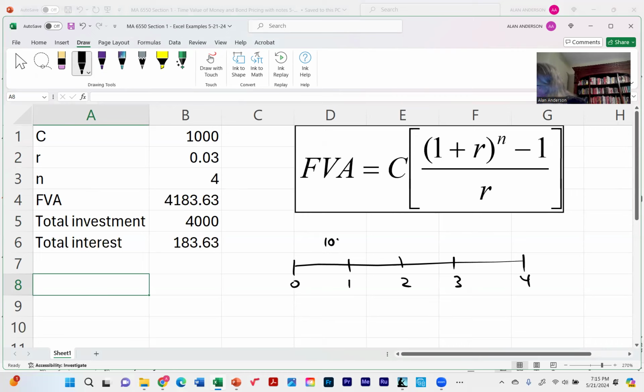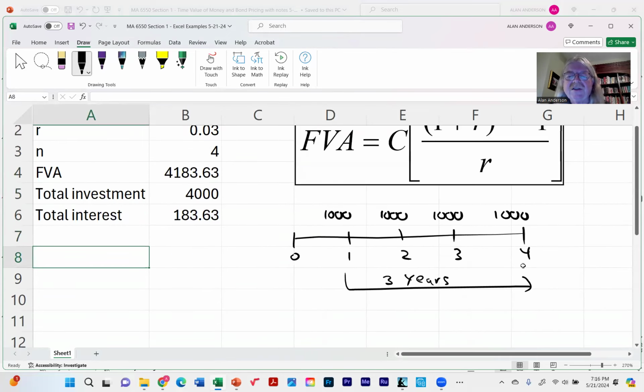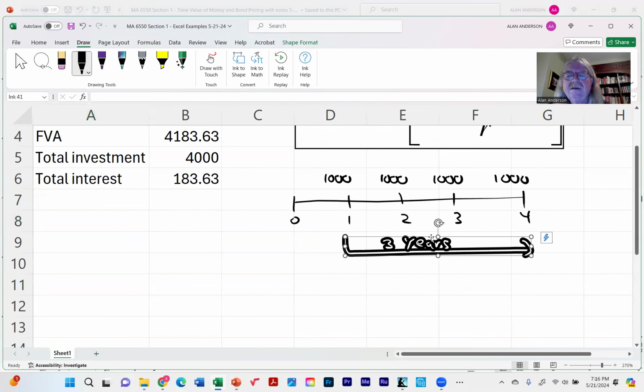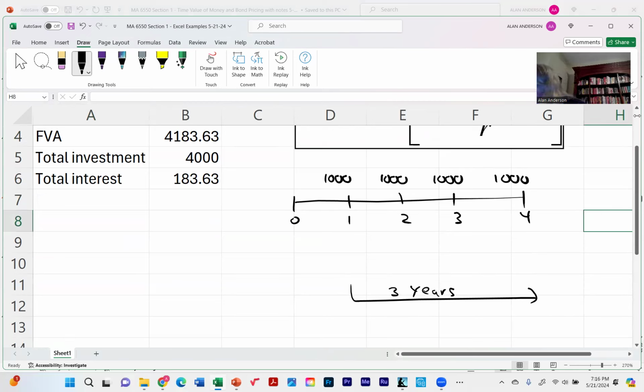is for cash flows of $1,000. First one is being invested for 3 years. Actually, I'm going to have to change this drawing just a little bit, because I need to also show that the second cash flow is invested for 2 years.